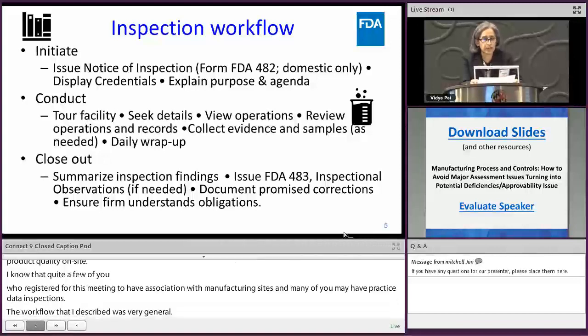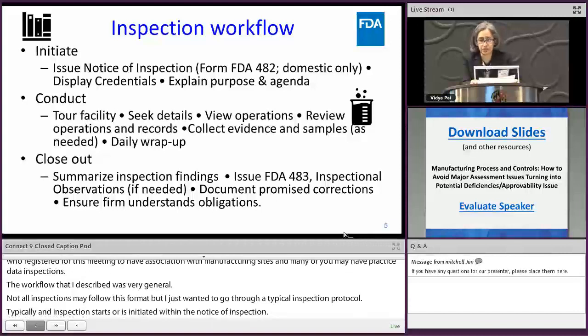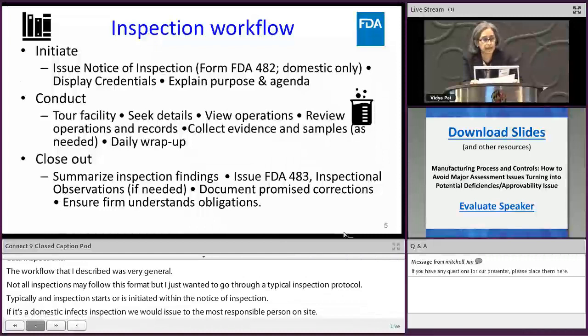Typically, an inspection starts or is initiated with the notice of inspection. If it's a domestic inspection, we would issue a form FDA 482 to the most responsible person on site. Investigators will display their credentials. Then typically there will be a discussion around the purpose and agenda for the inspection.